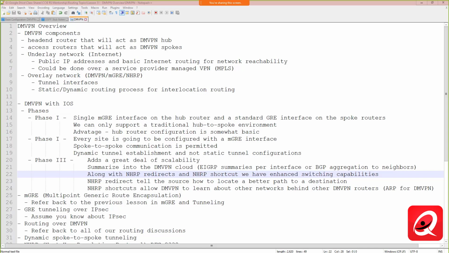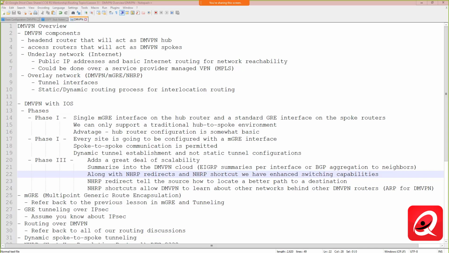Okay. The next hop is Spoke 2's VPN IP address if it's DMVPN phase 2. So let's say, for example, Spoke 1 wants to talk to Spoke 2. The next hop is going to be Spoke 2's VPN address. We may just have to do some sort of query, an NHRP query to the hub router to find out what the VPN address is and how it maps over to the NBMA address.